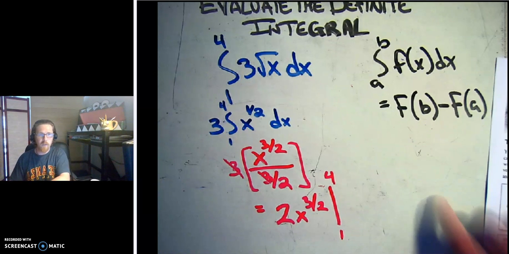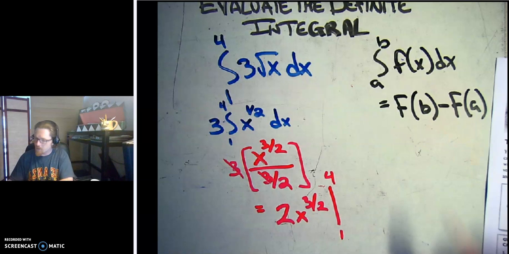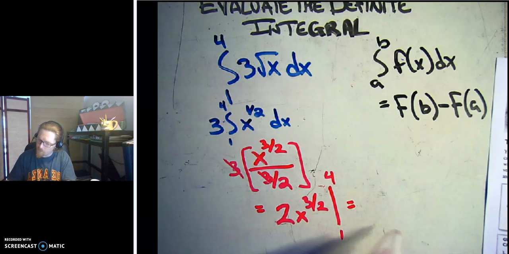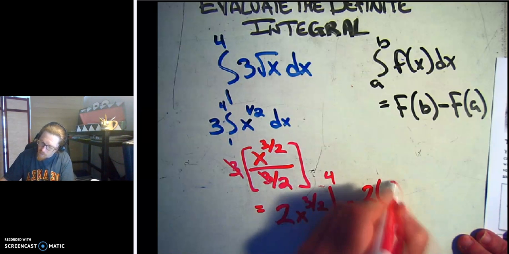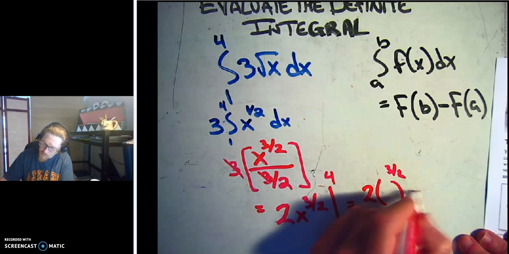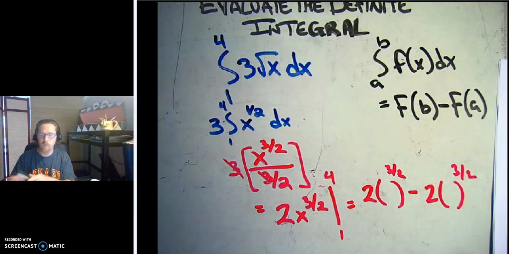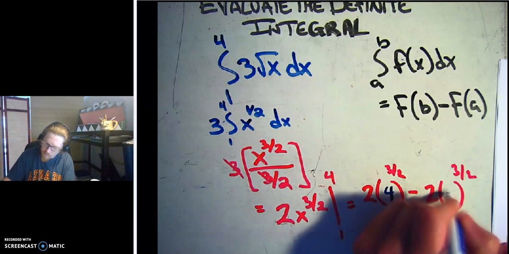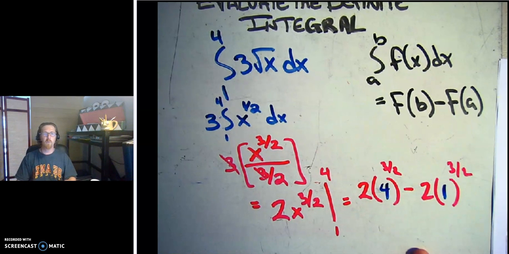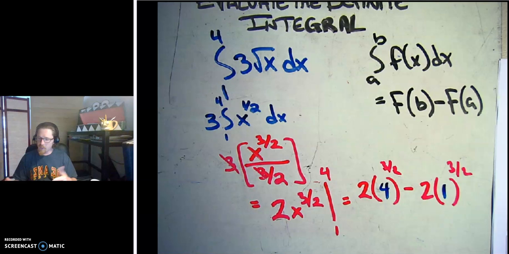I'm just going to follow my fundamental theorem of calculus rule here, and plug in a 4 and plug in a 1 and find the difference. So this is going to be 2 times 4 to the 3/2 minus 2 times 1 to the 3/2. And then I just evaluate this.